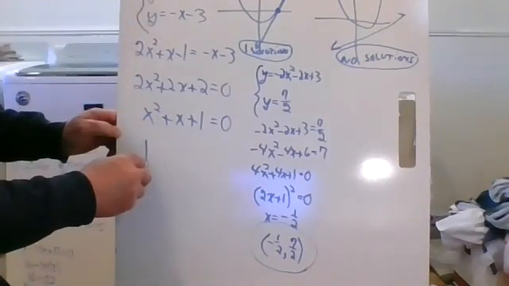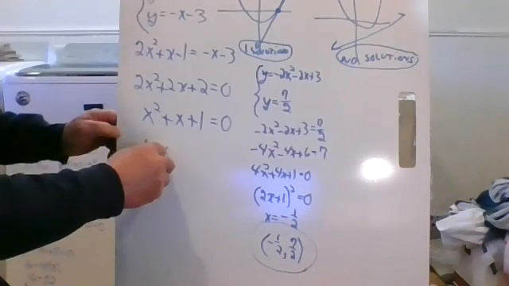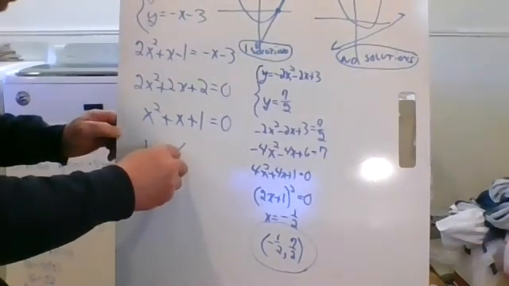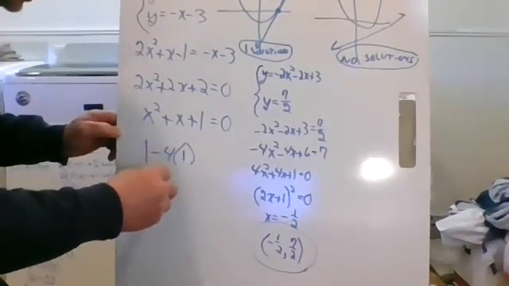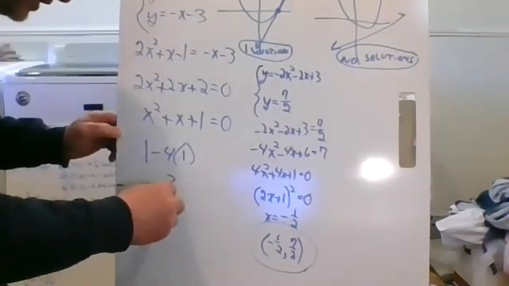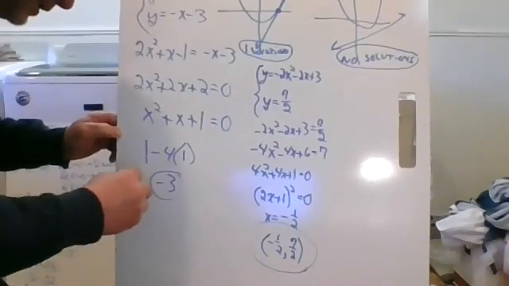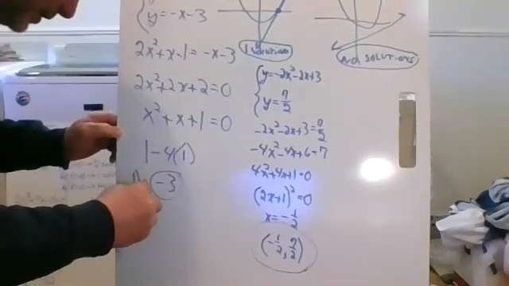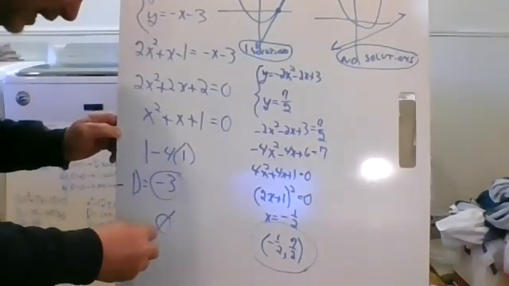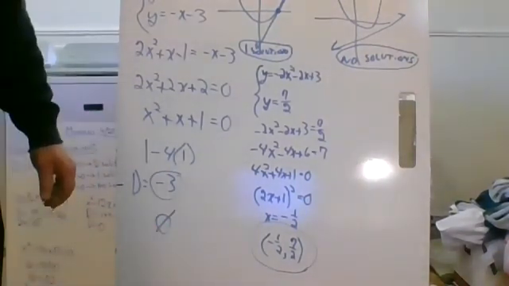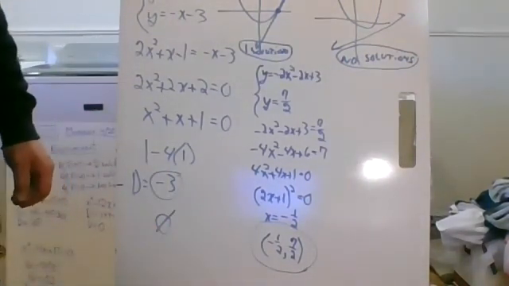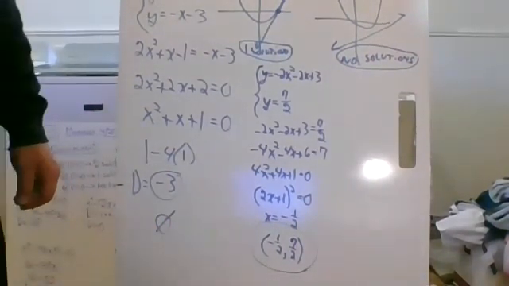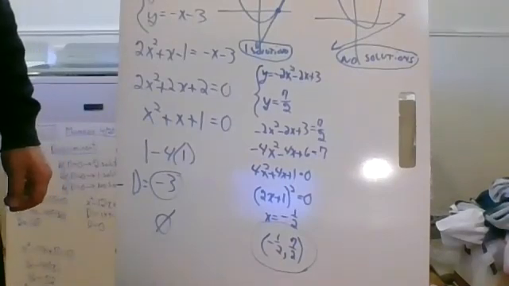So b squared is 1 minus 4 times ac is 1, and you end up with negative 3 as the discriminant. And what does that tell us? Empty set. You get no solutions.